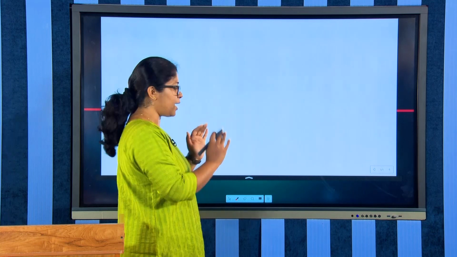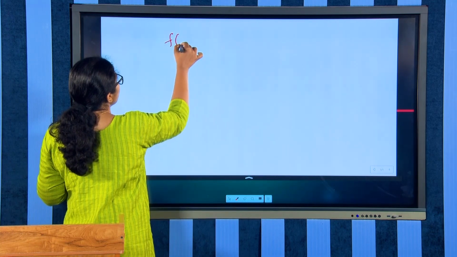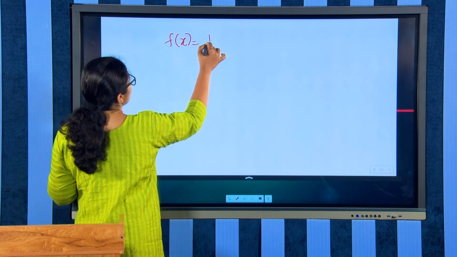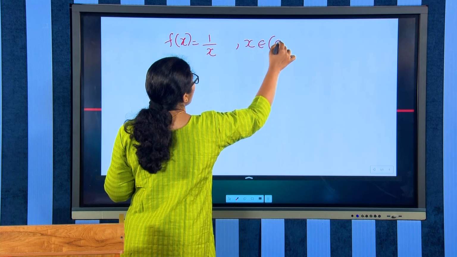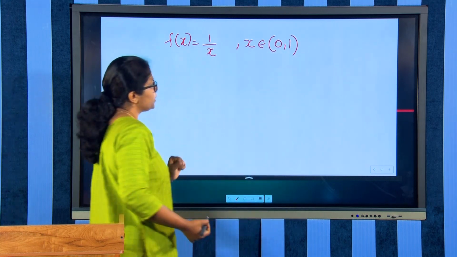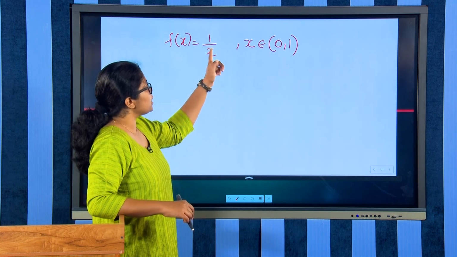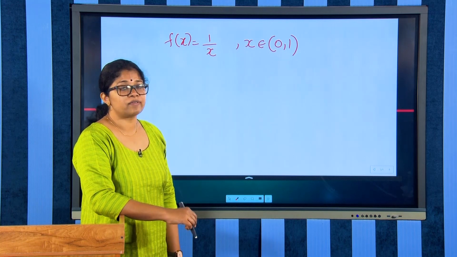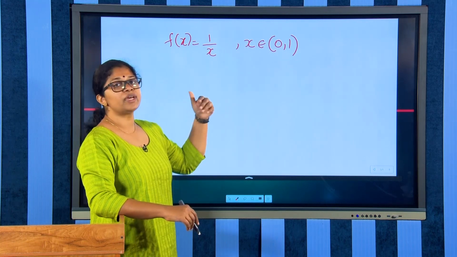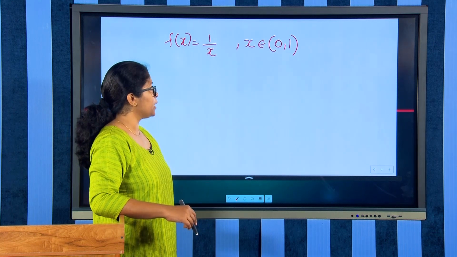So for example, we can consider the function f of x is equal to 1 by x given in the open interval (0, 1). If you look at this function, x is never assuming the value 0 here because 0 is not included.